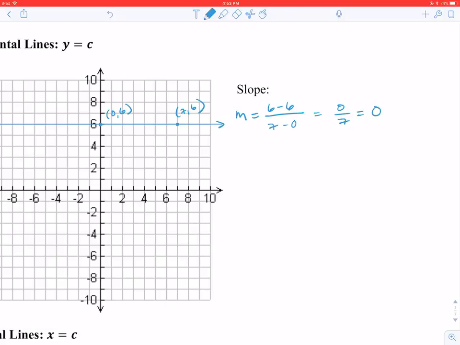And you can see, just looking at what a horizontal line looks like, the change in the y values between any 2 points is going to be 0. Therefore, the slope of all horizontal lines is 0.